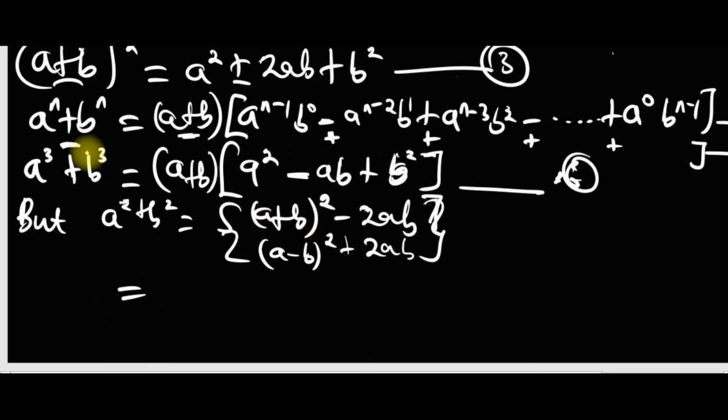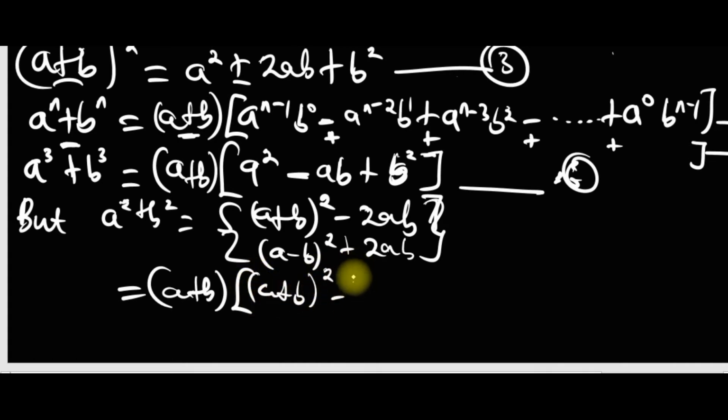So we are still on addition of 2 cubes. So we have a plus b. For the second bracket, I'm using this first one. A squared plus b squared is now a plus b all squared minus 2ab. That's for a squared plus b squared, minus ab.